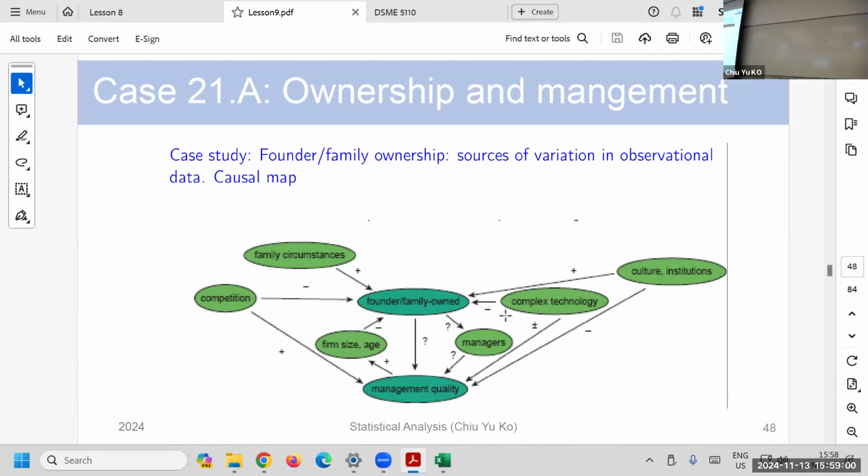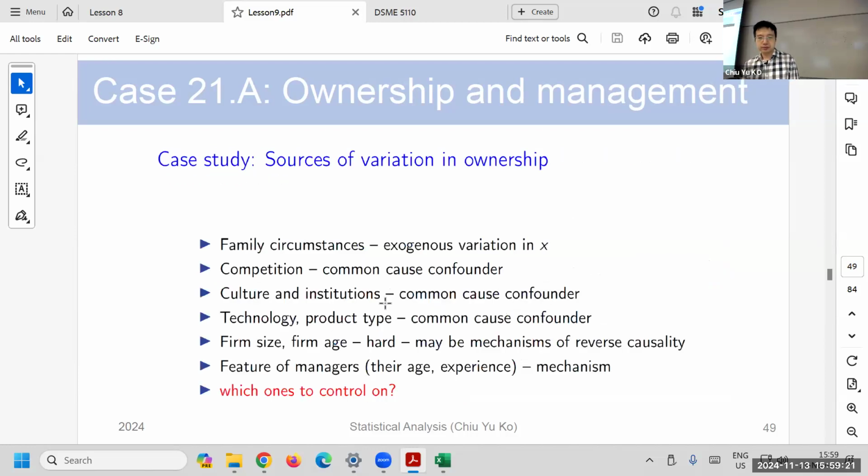Ask yourself. Exogenous variation, probably you shouldn't. So you don't have to worry about this part. When you run the regression, you don't have to collect the data on whether the family is big or small, has a son or no son, how many sons he has. Although the gossip is very fun, you don't need to worry about it in regression.